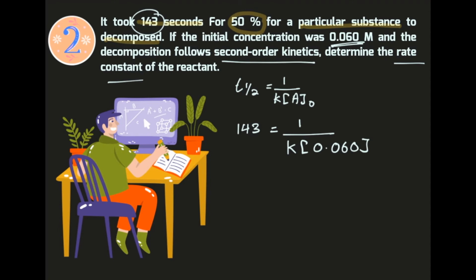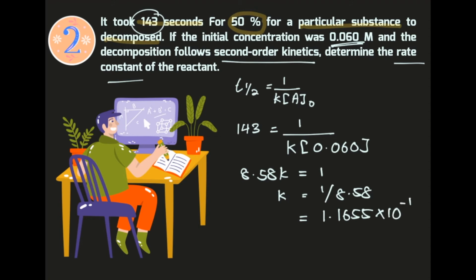So from here we can say that 8.58 K is equivalent to 1. Therefore, your K is 1 over 8.58. So you will get the value of K is equivalent to 1.1655 times 10 to the power of negative 1 liter over mole per second. So this is the final answer for the second question.